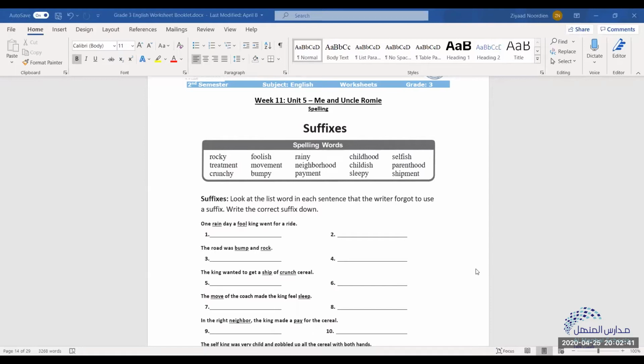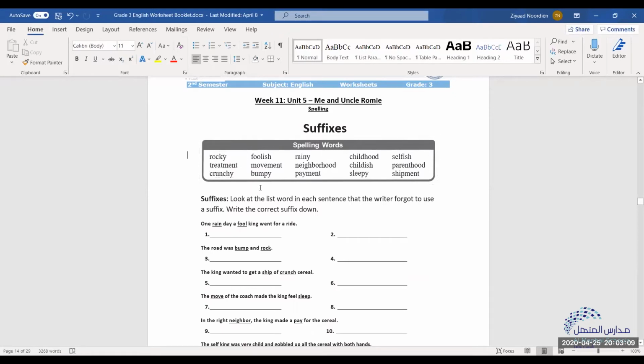A simple way to check whether a word has a suffix is to look at the word. Let's take the word rocky, for example, which is the very first one we have. Can you make a different word that has the word rock in it? We have the word rock without the Y, so that's a word, which means the Y is our suffix.